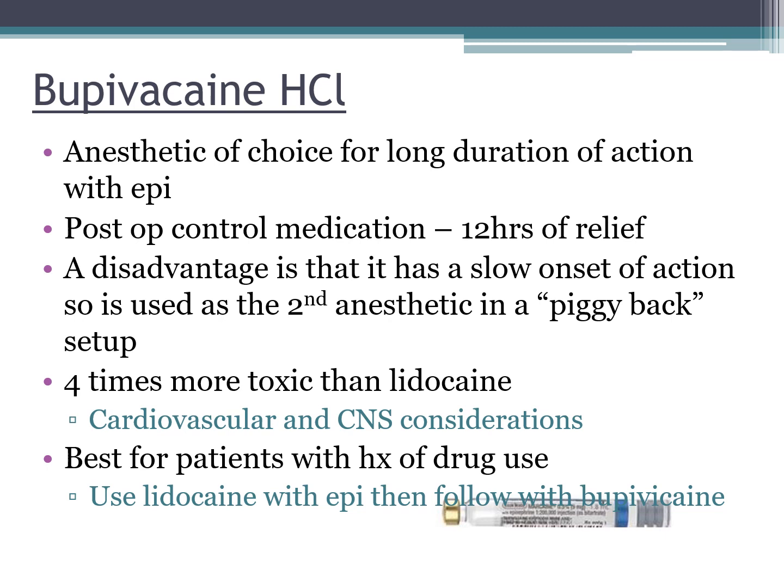It is 4 times more toxic than lidocaine. So it has cardiovascular and central nervous system considerations. It is best used with patients with a history of drug use. And usually what you would do is use lidocaine first with epinephrine because it has a very quick onset of action. Then you follow it up with bupivacaine.